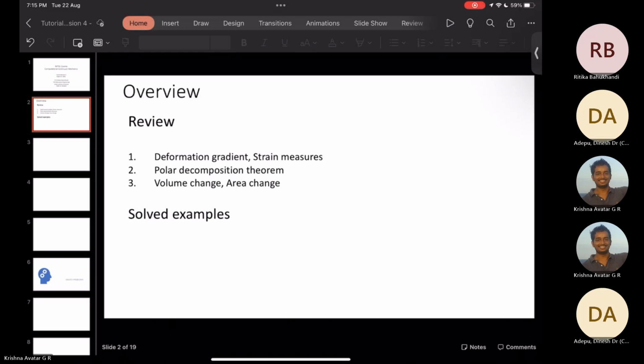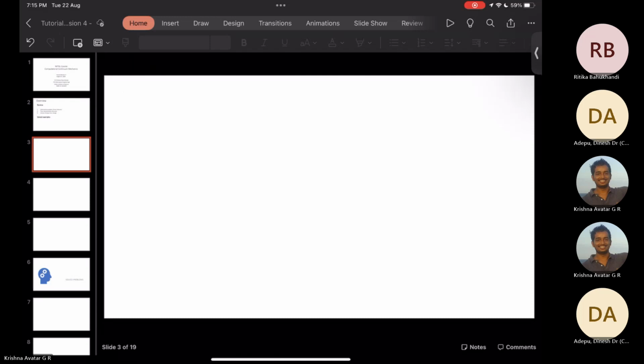Those are how you relate volumes in the reference configuration to those in the spatial configuration, and another relation relating an infinitesimal area element in the reference configuration to that in the spatial configuration. This relation is widely known as Nanson's formula. So this is the goal for today.